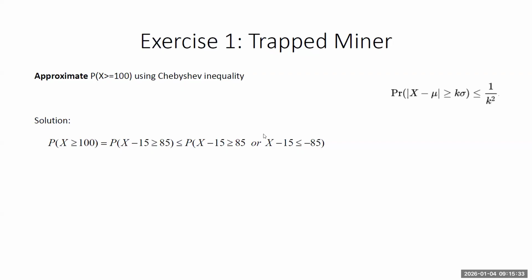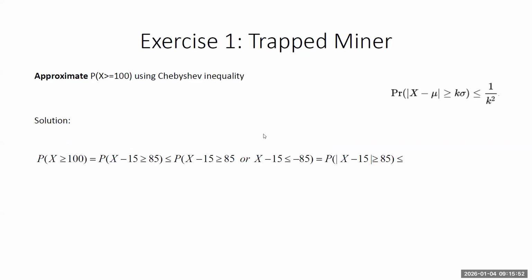Because we are considering two cases. Yes, the probability of A is less or equal to the probability of A union B, always. And now we can unify this and this. It equals the probability that the absolute value of X minus 15 is greater or equal to 85. And now it's almost the same form.